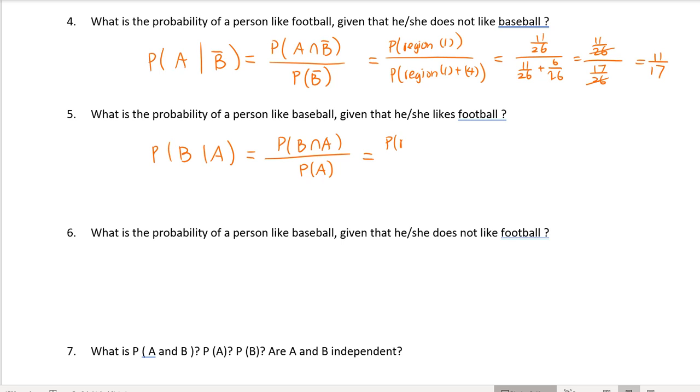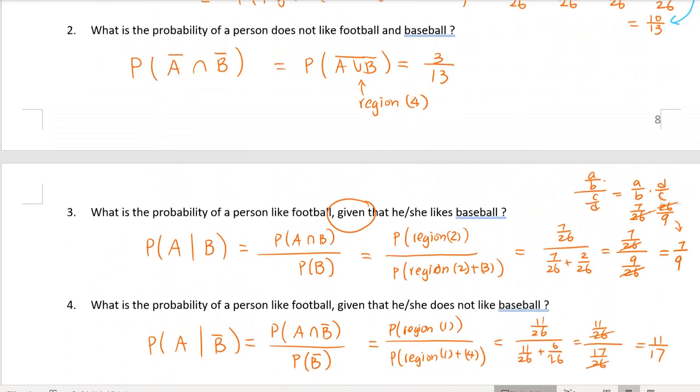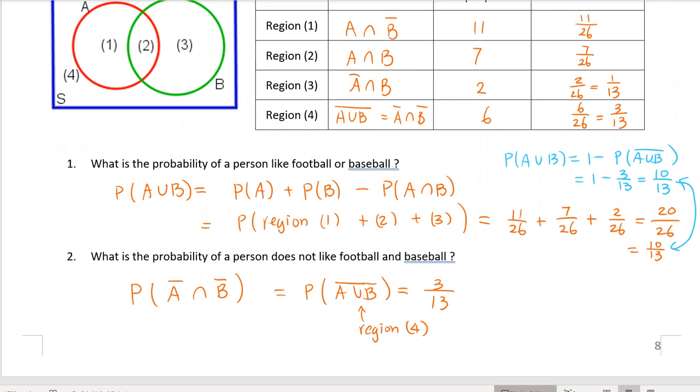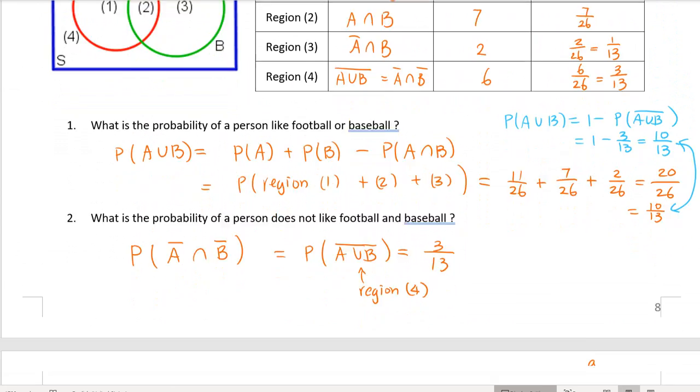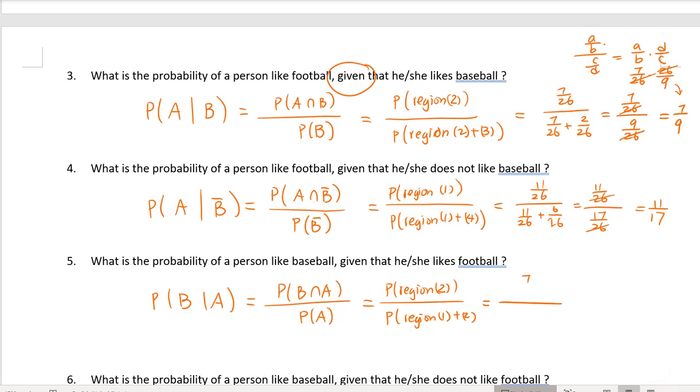So P of region 2 over P of regions 1 and 2. Region 2 is 7 over 26. Region 1 is 11 over 26. So 7 over 26 over 7 over 26 plus 11 over 26. The denominator is 18 over 26. 26 cancels, 7 over 18.